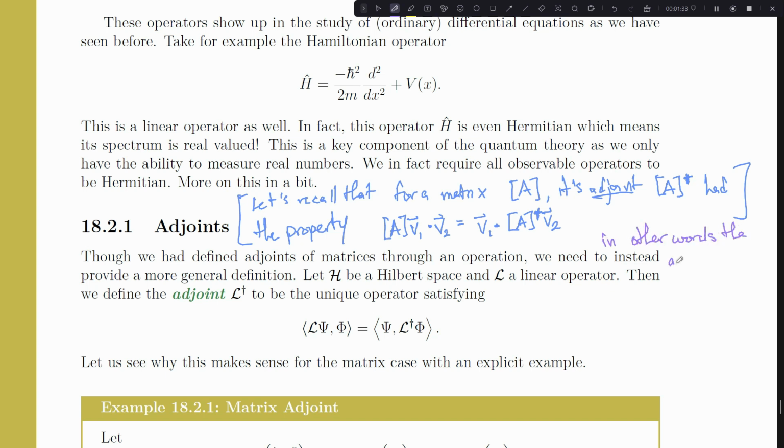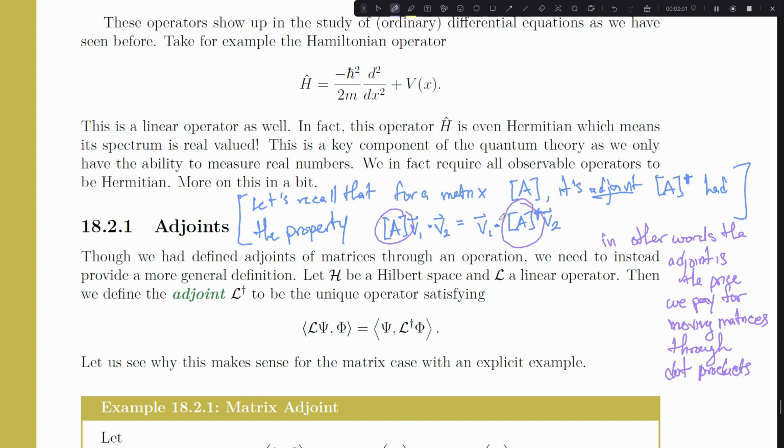the adjoint is the price we pay for moving matrices through dot products. It's the price we pay for starting with the matrix there in the dot product and moving it through the dot product across to the right.